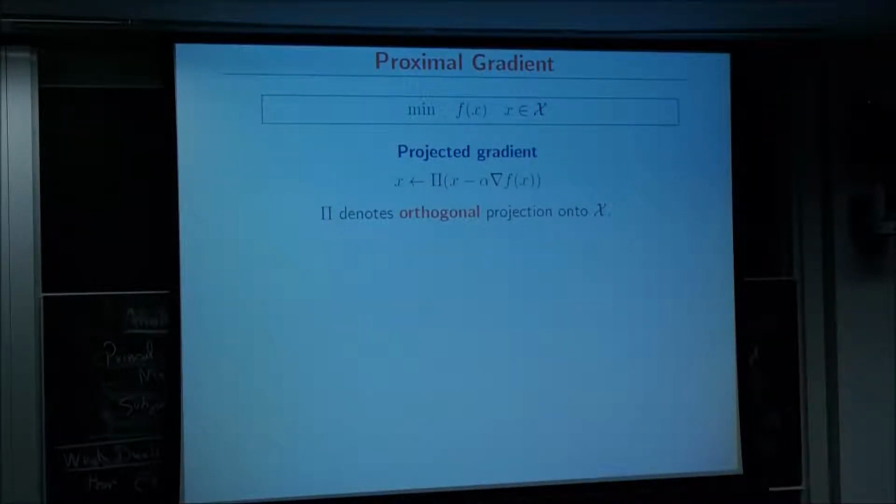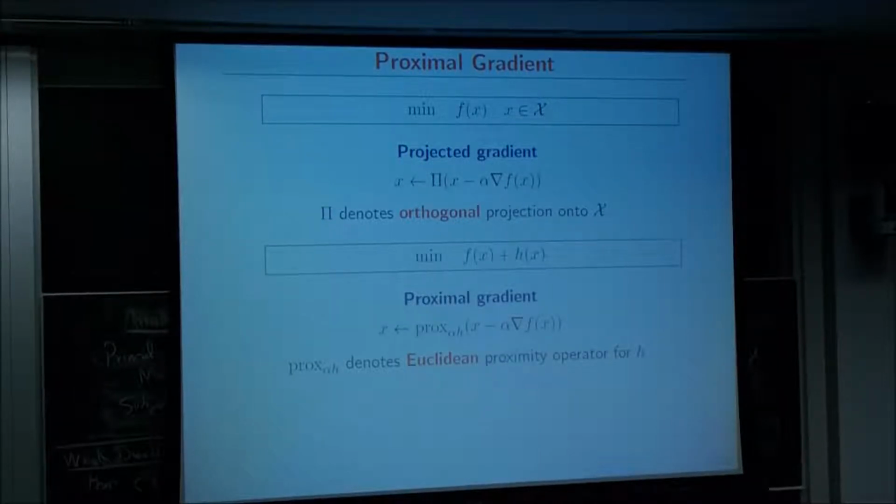So a slight generalization of the projected gradient method is called proximal gradient, which I'm sure you've also seen in Yao Liang's lecture. I'm stressing here that pi is a projection operator which denotes orthogonal projection onto x. I might have briefly mentioned some properties of the projection operator already in lecture 1.